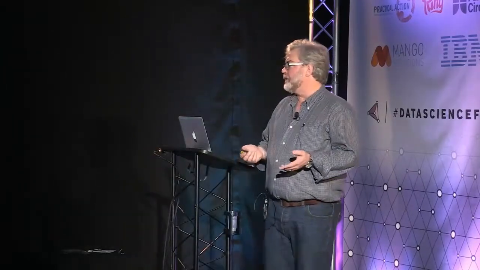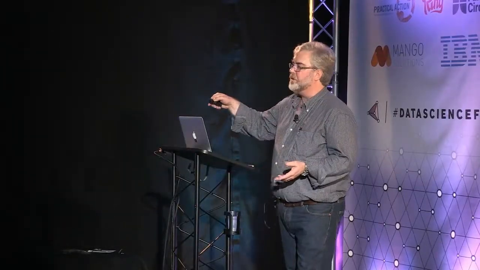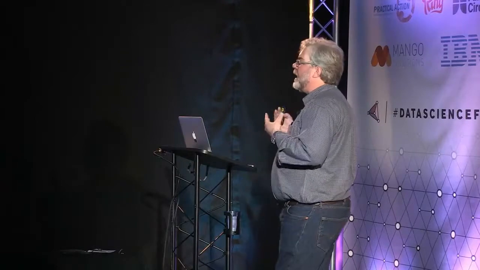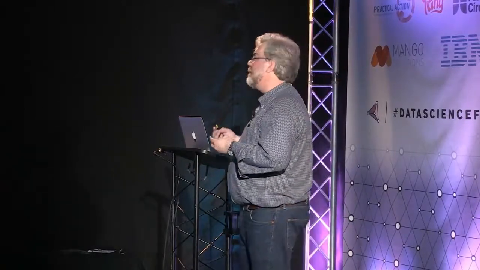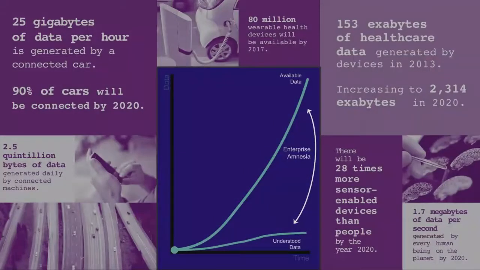So to get started, if you haven't seen 5 versions of this chart already today, I will be very surprised. But the general theme holds. We're being buried by data, and without having systems that allow us to bring that under control, without getting us to a place where we can really wrangle that data and understand what is happening within it, we're suffering from this case of enterprise amnesia, where the amount of available data dramatically outstrips our system's ability to contain it and help us analyze it.